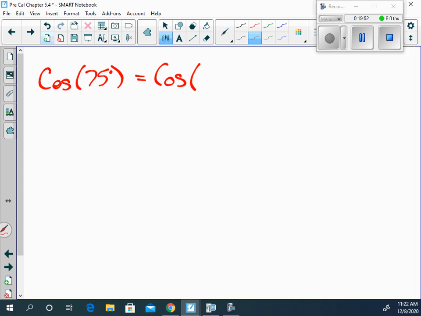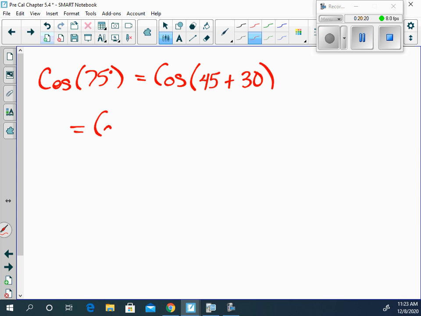But I do know that 75 is 30 plus 45, and both of those are on the unit circle. 30 and 45 are two of our main, 30, 60, 90. 30, 60, and 45 are the three special angles. So we could use this here to solve it.